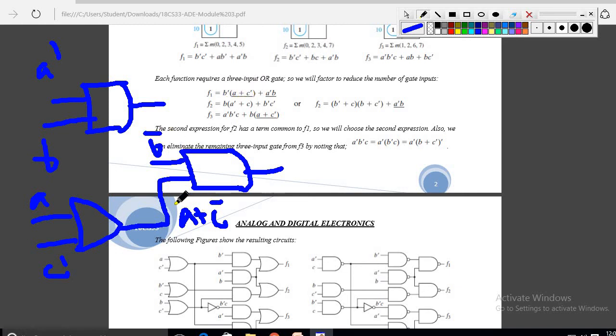Here one more term is a bar b. If these two are the terms, the plus sign means OR gate. I need to connect these two into an OR gate.